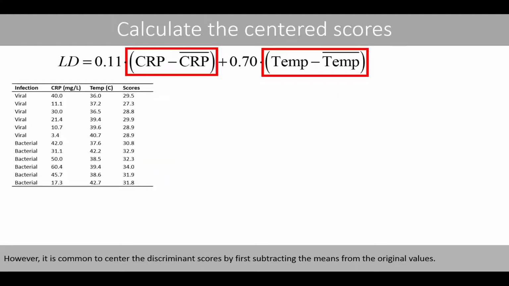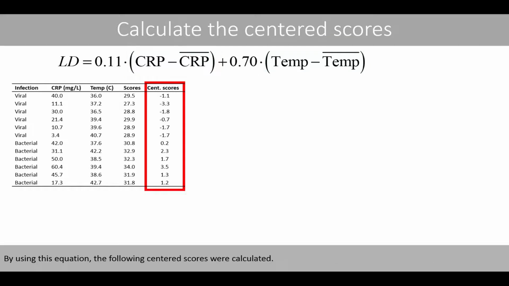However, it is common to center the discriminant scores by first subtracting the means from the original values. By using this equation, the following centered scores were calculated.